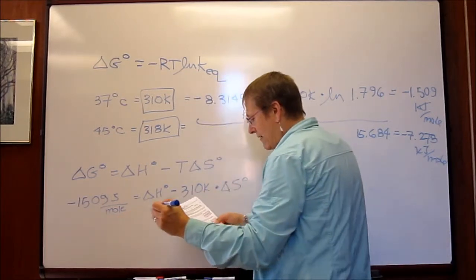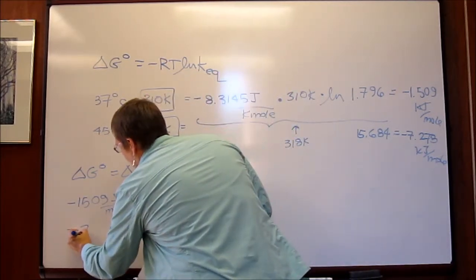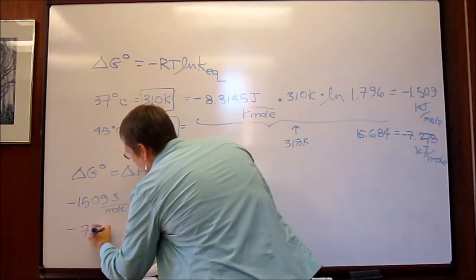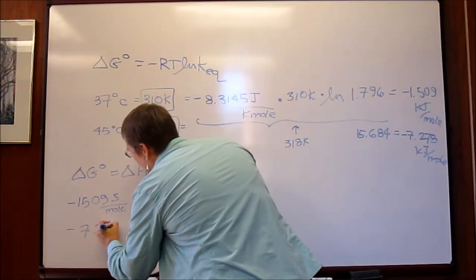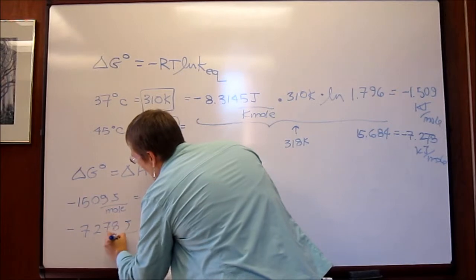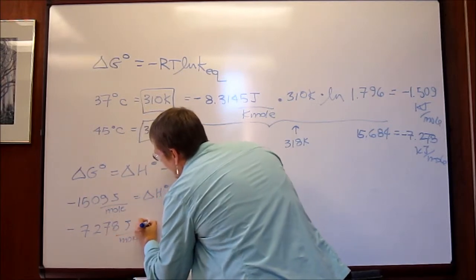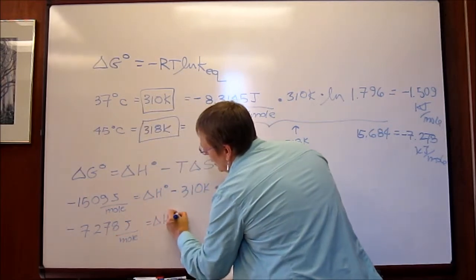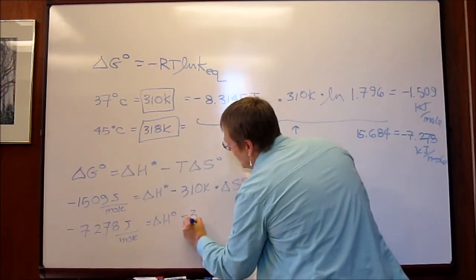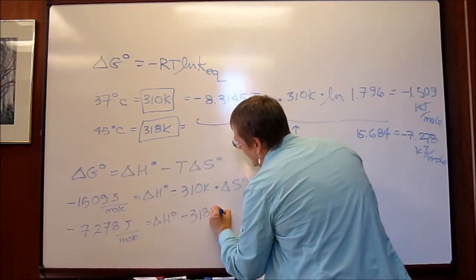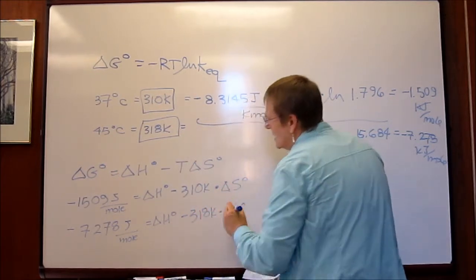And I have the negative 7.278 joules per mole is equal to delta H naught minus the other temperature, 318 Kelvin, times delta S naught.